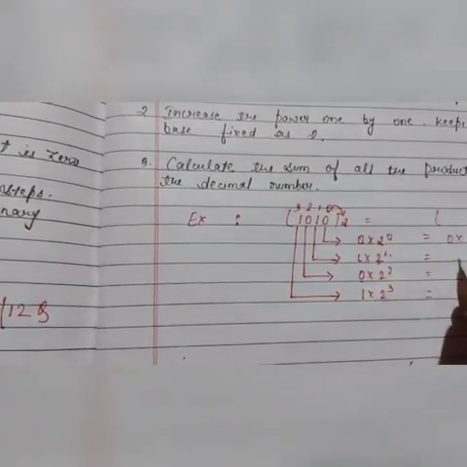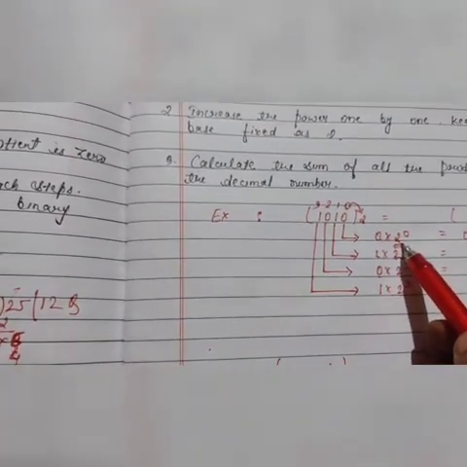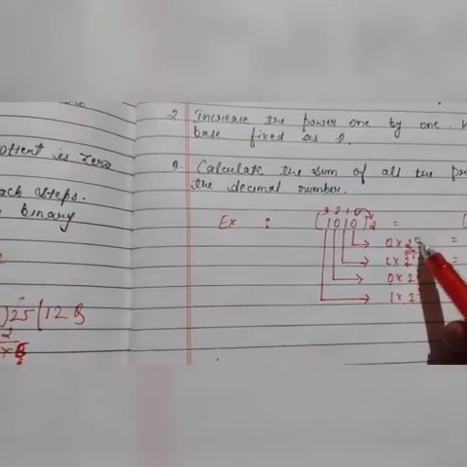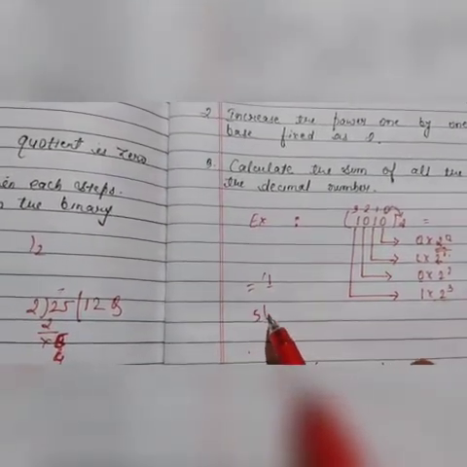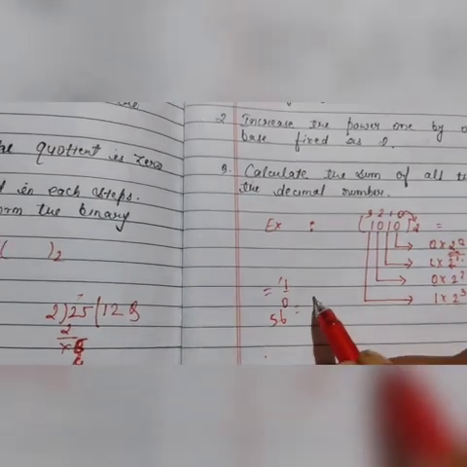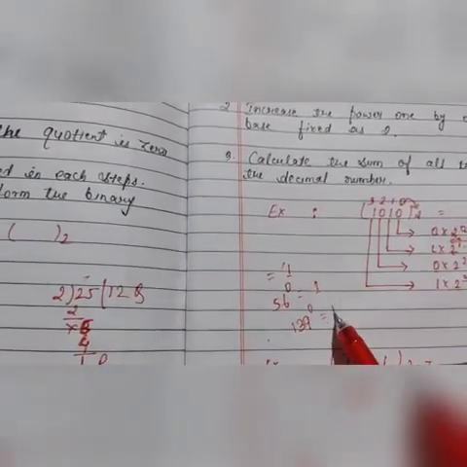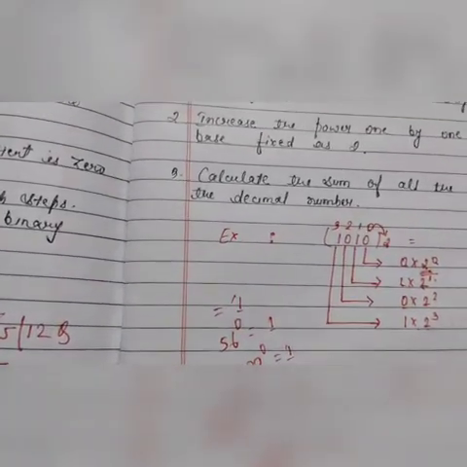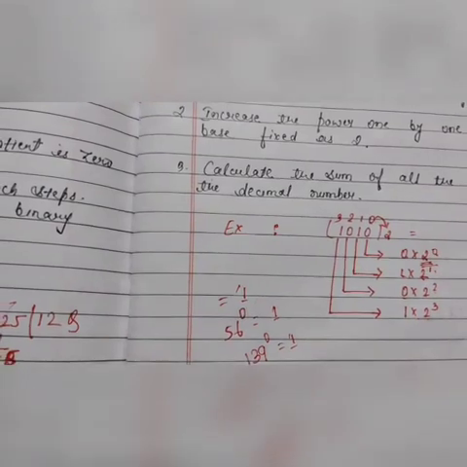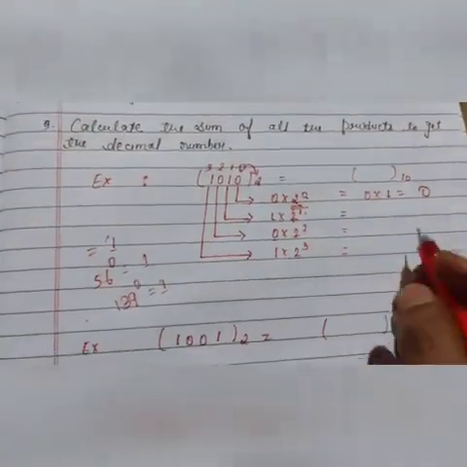Calculate 0 into 2 to the power 0. Now here you have to understand that if any digit has power 0, then the value will become 1. Any number, if 56 is written and the power is 0, then the value will be 1. If 139 is written and the power is 0, then the value will be 1. So for any digit, if the power is 0, then the value will be 1. Here 1 is written, but when we multiply 1 into 0, the value will be 0.